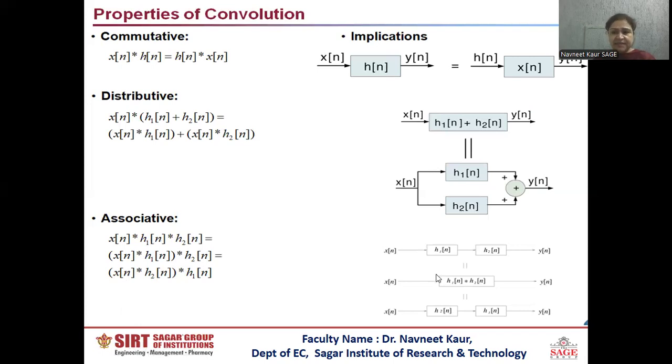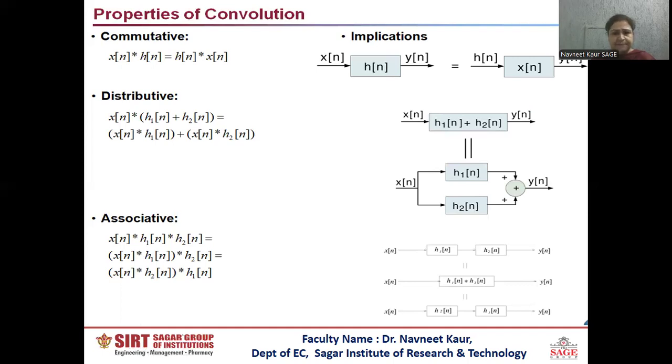Now, if I represent it with a block diagram, then I can see that if two systems are in series, then they can be replaced by a single system whose unit impulse is the convolution of these two impulse responses. So in short, if two systems are parallel, then they can be replaced by the sum of the unit impulse responses. And if two systems are in series, then they can be replaced by the convolution of the system responses of the two systems.